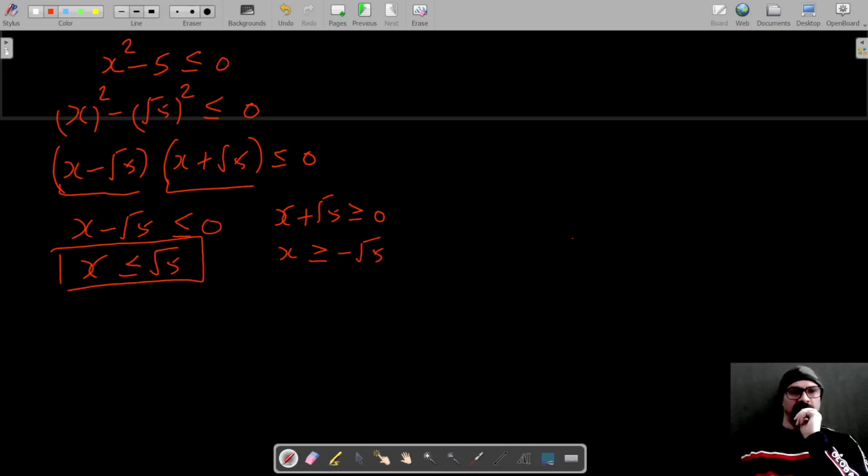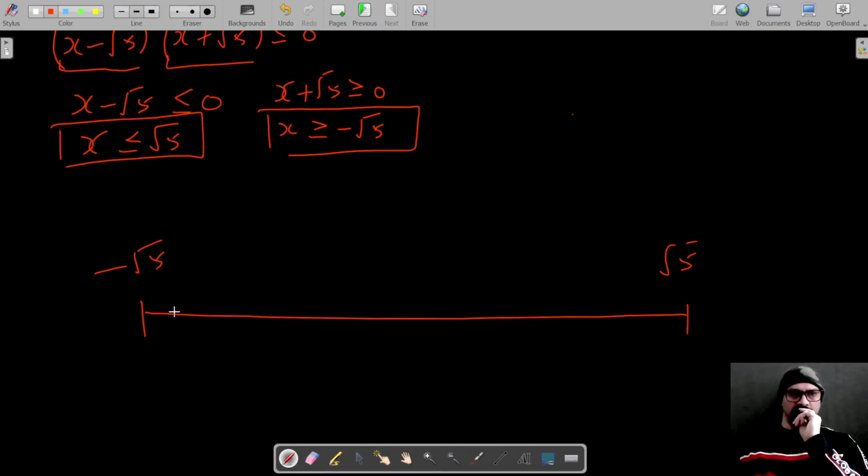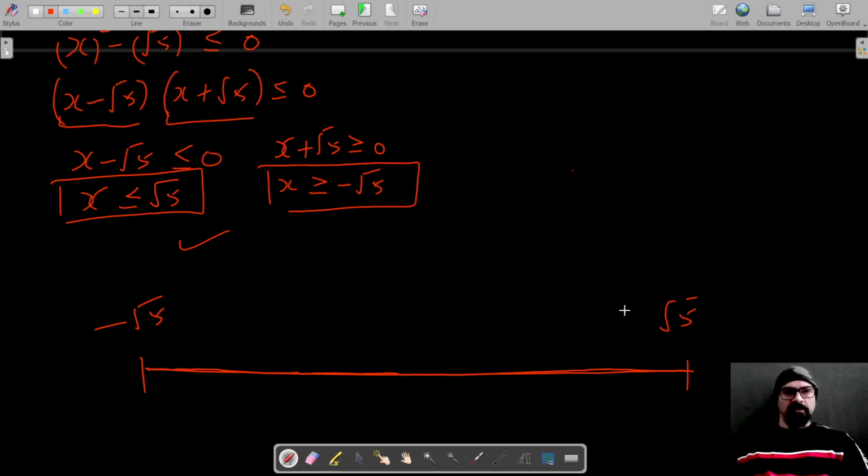So x is less than or equal to root 5 but greater than or equal to negative root 5. If we plot this on the number line, this is our solution set here.